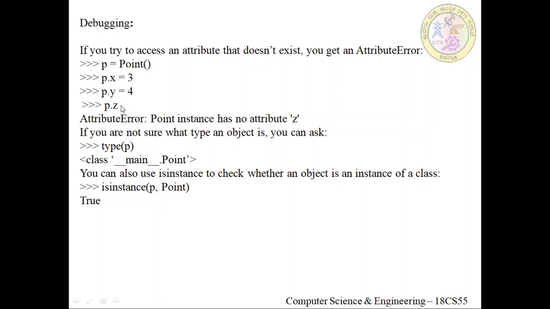I have shown you in the first session, if you want to know to which class an object belongs, we use the type function. Similarly we can also use isinstance to check whether an object is an instance of a class: isinstance(p, Point).